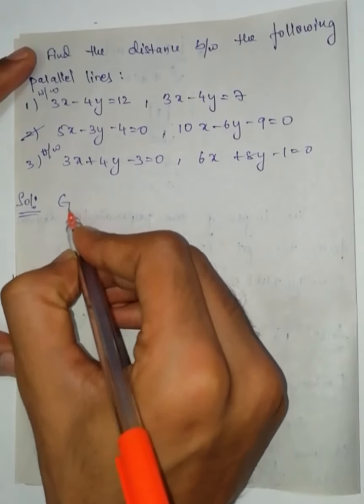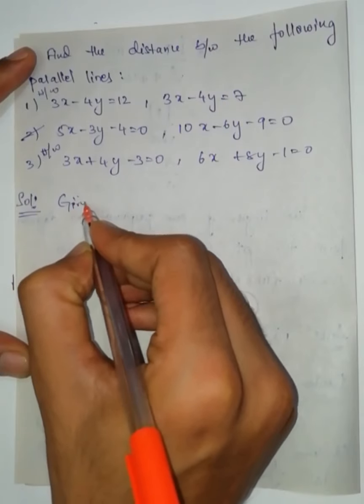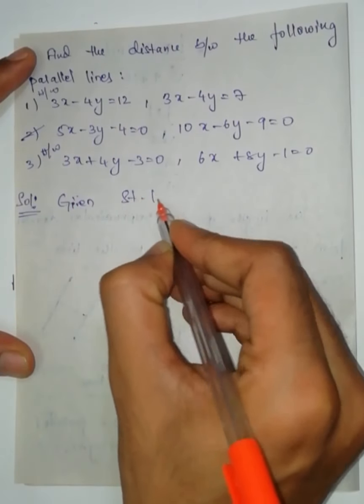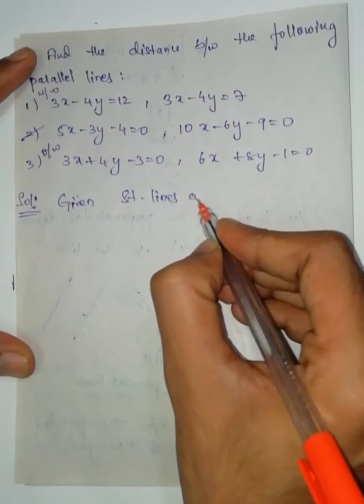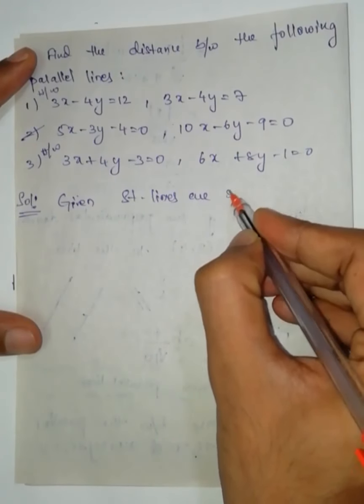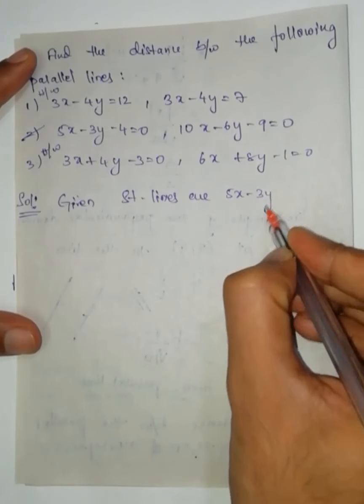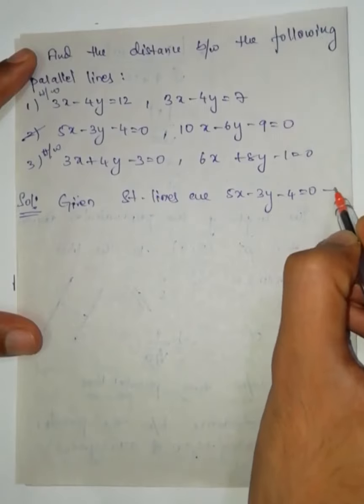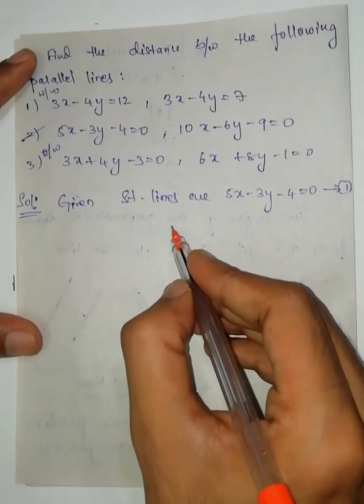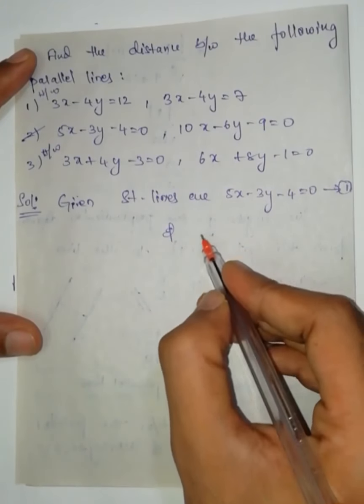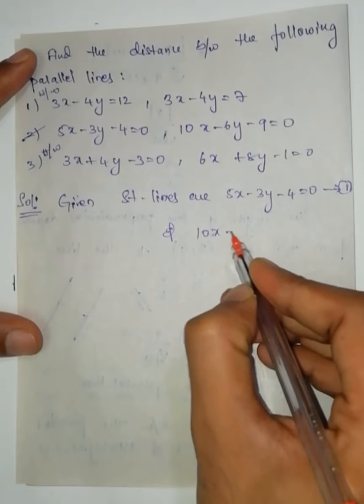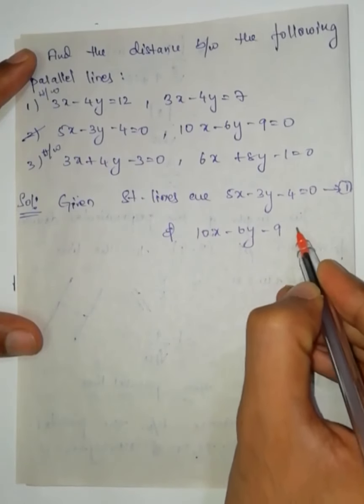Solution. Given straight lines are 5x minus 3y minus 4 is equal to 0, equation number 1, and 10x minus 6y minus 9 is equal to 0.